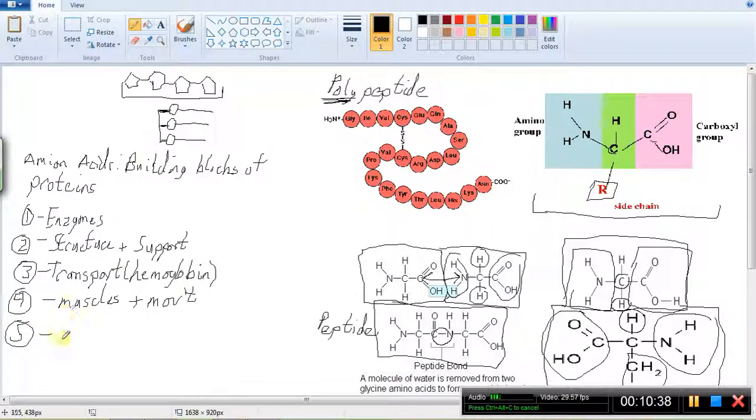And number 5 is immune system. Most of our immune cells are protein, or a large part of them are protein. Without protein, our immune system would not work and our immune cells would not function properly. So protein, very important biomolecule.